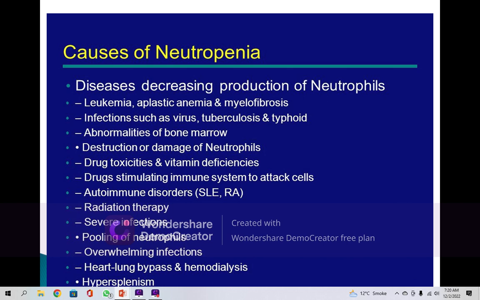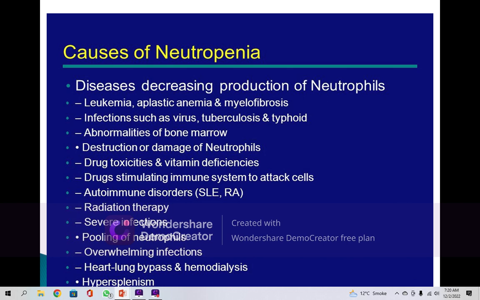Heart-lung bypass and hemodialysis will cause neutropenia because, again, the same thing: the filters, filtering the blood by a machine, can cause sticking of the neutrophils or old neutrophils to the chamber, and in this way neutropenia occurs.